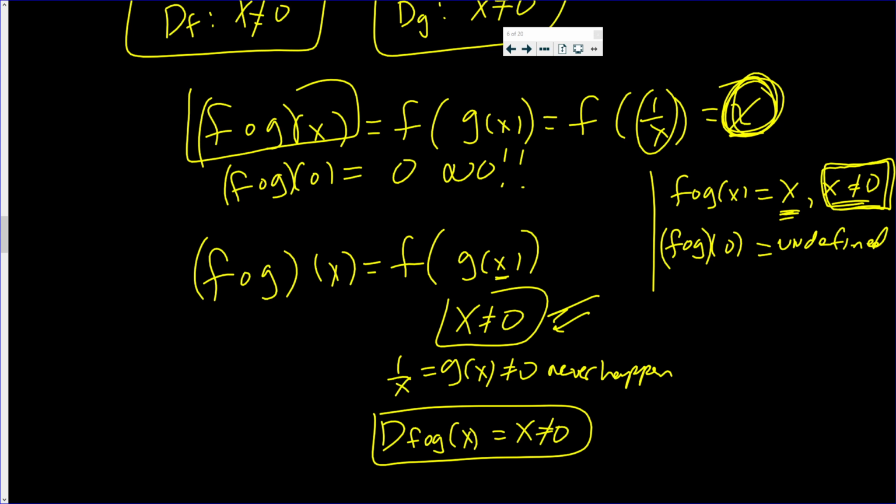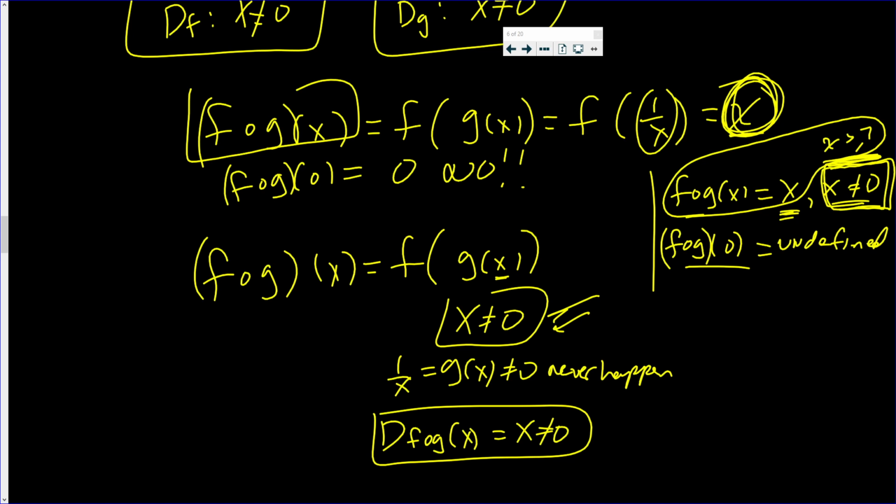Or sometimes not the restriction. Maybe the domain is x is greater than or equal to 7. That's not a restriction. It's not saying what x can't be. But then, if f circle g of x is x, provided that x is at least 7, then f circle g of 0 is not defined. Only numbers 7 and above are defined for the f circle g function.